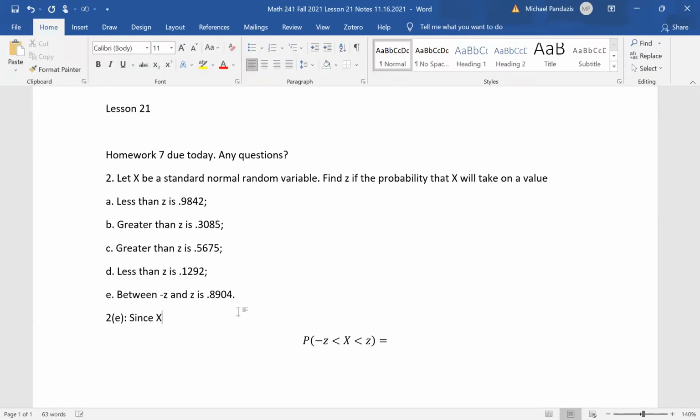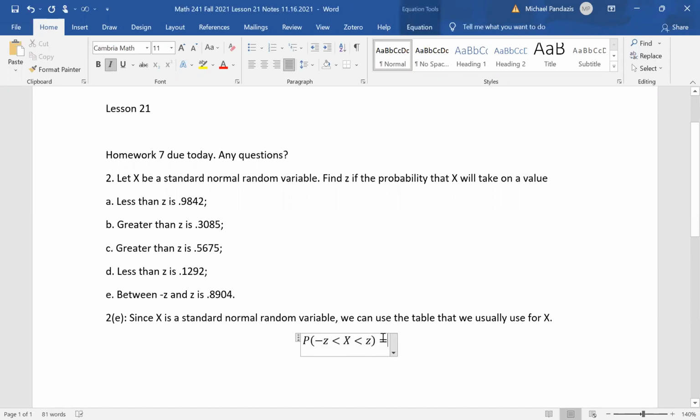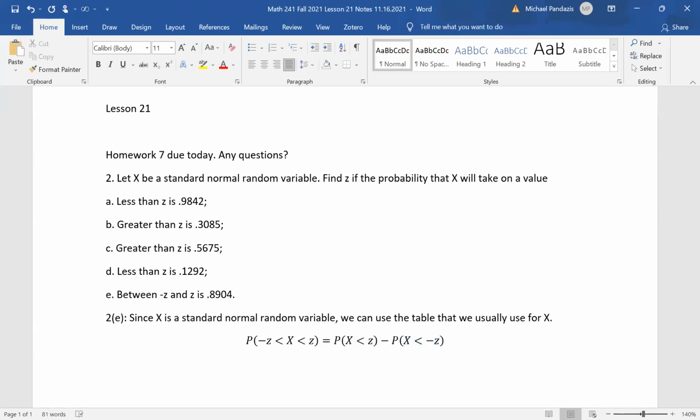Since capital X is a standard normal random variable, we can use the table that we usually use for capital X. So the probability in this interval is equal to the probability that capital X is less than little z minus the probability that capital X is strictly less than negative little z.